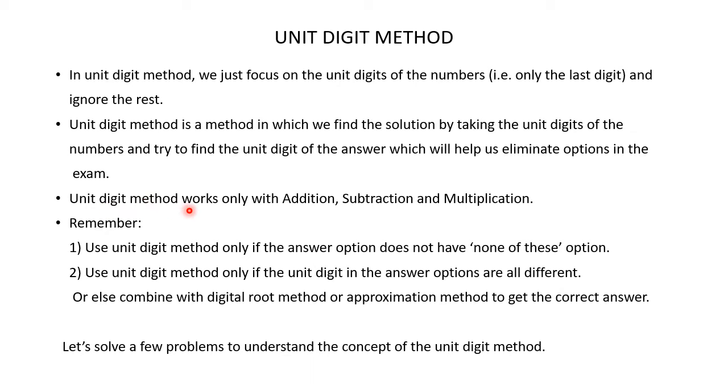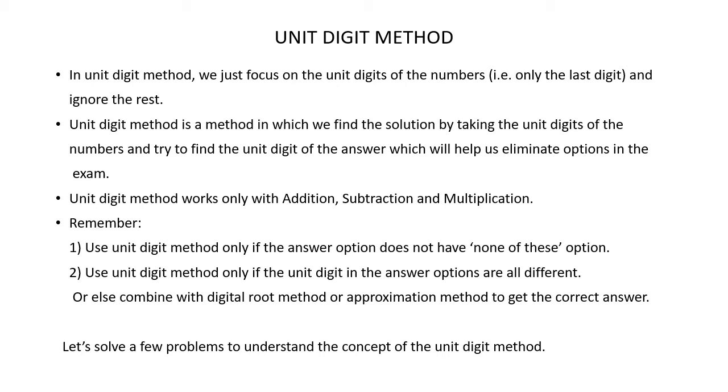Now, unit digit method works only with addition, subtraction and multiplication. Remember, use unit digit method only if the answer option does not have none of these as an option. Use unit digit method only if the unit digits in the answer options are all different.